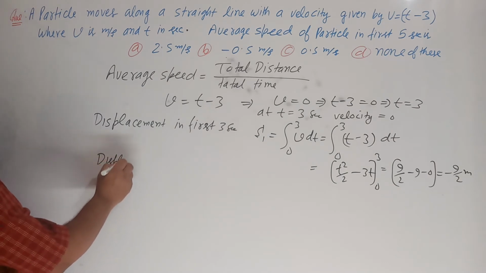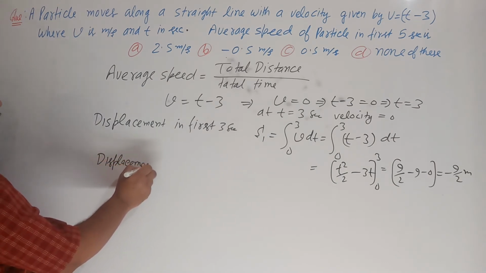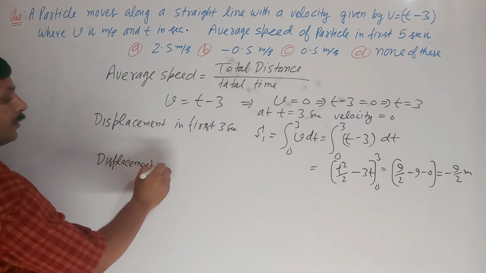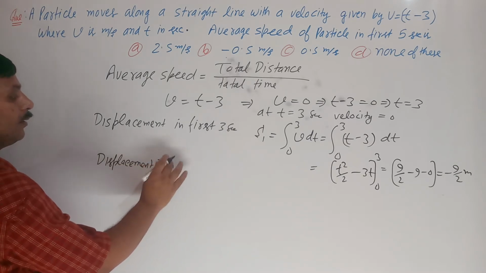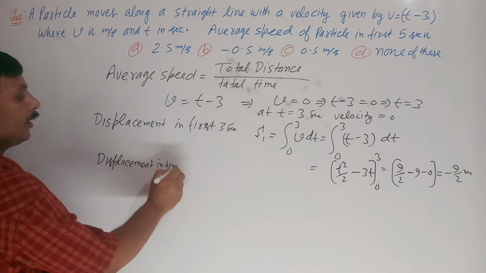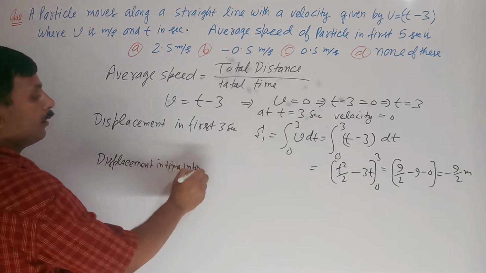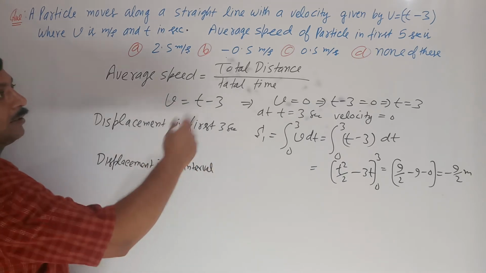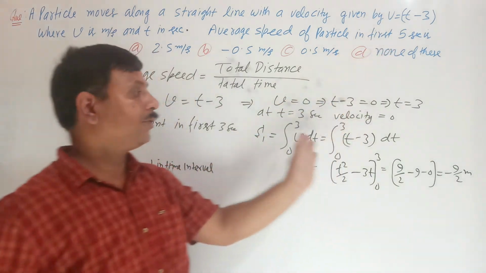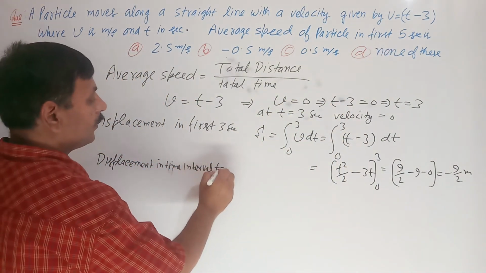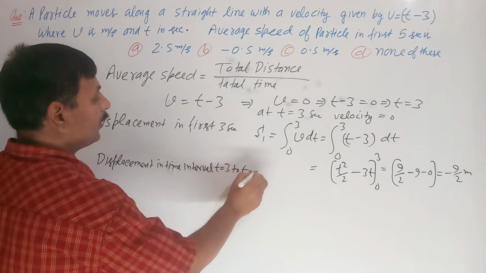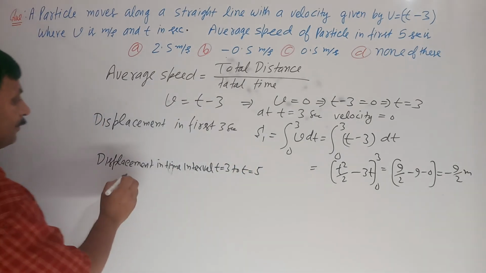Displacement in the time interval, first 5 they want, so 3 to 5. t is equal to 3 to t is equal to 5. What happened?